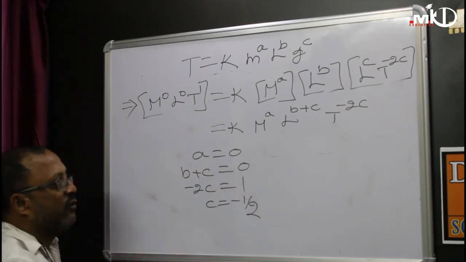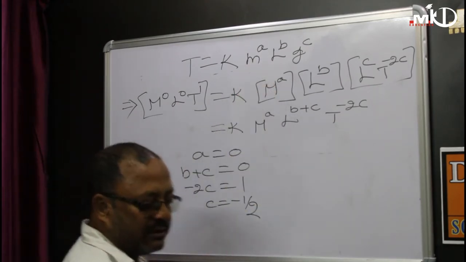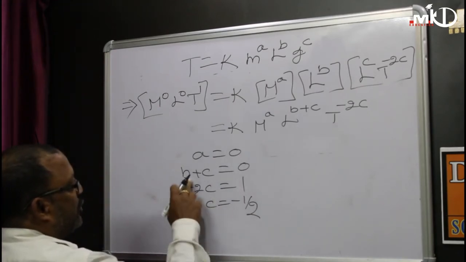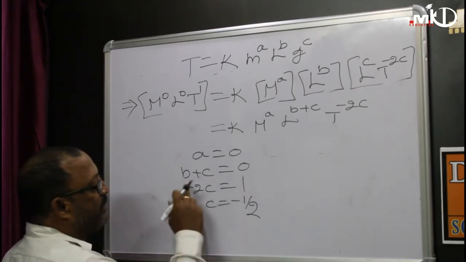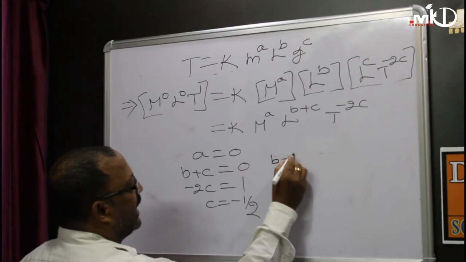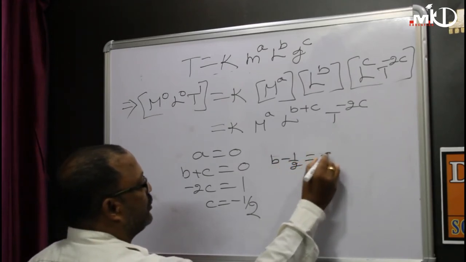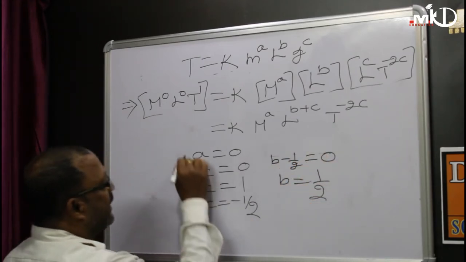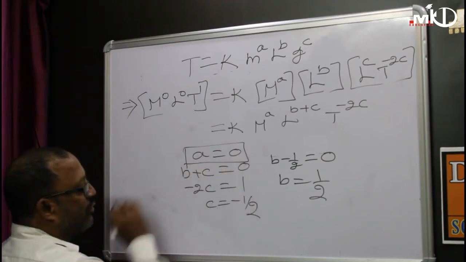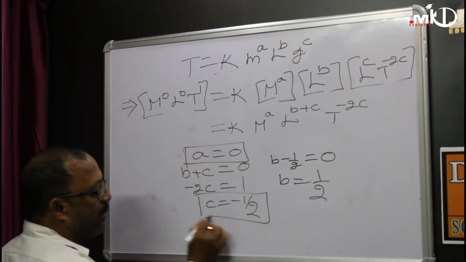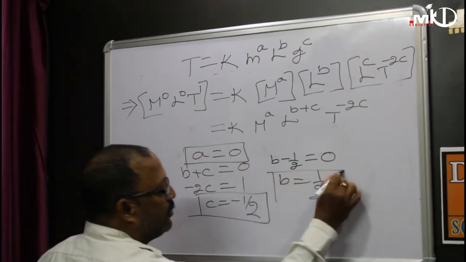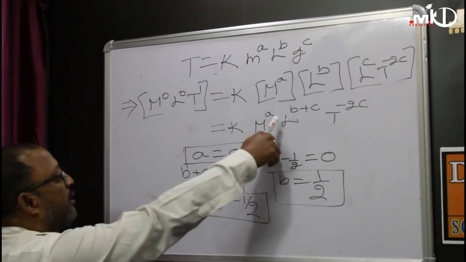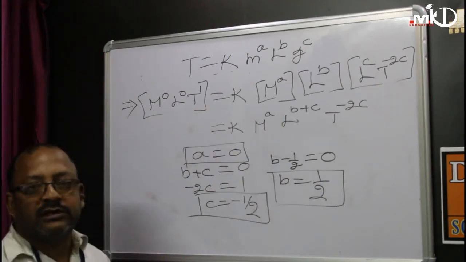Then putting in the value of c to evaluate b: b minus half is equal to 0, so b is equal to half. Then the values of a, b, c are determined: a is equal to 0, c is equal to minus half, b is equal to half. These three values are evaluated by equating the indices of both sides.